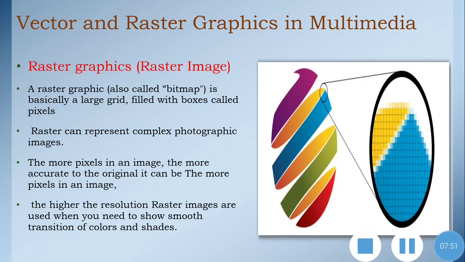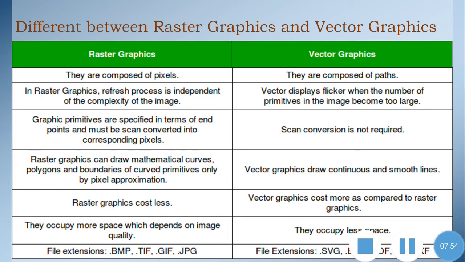The next, the difference between raster graphics and vector graphics. First, raster graphics are composed of pixels. Vector graphics are composed of paths. In raster graphics, the refresh process is independent of the complexity of the image.